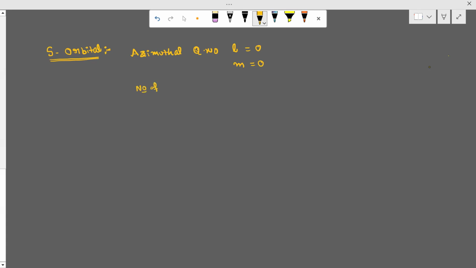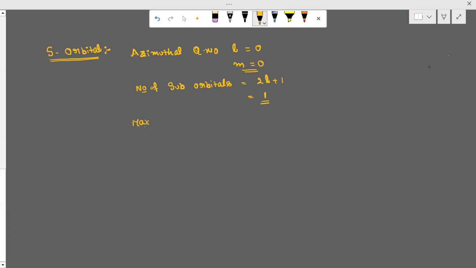The number of suborbitals has to be calculated by using the 2L plus 1 formula. If L is equal to 0, then the number of suborbitals is equal to 1. So that is, m is equal to 0.